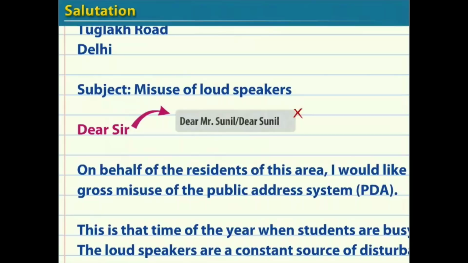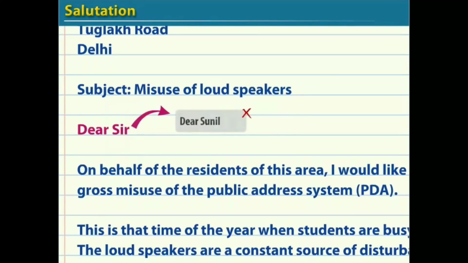Avoid referring to the addressee by the first name as Dear Sunil. This is because these letters are strictly formal. It is safest to use Dear Ma'am or Sir or simply Sir or Ma'am as salutation. Do not punctuate the salutation or use words like respected or honorable.